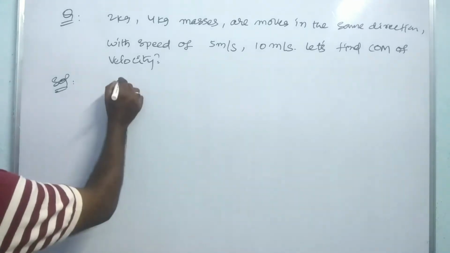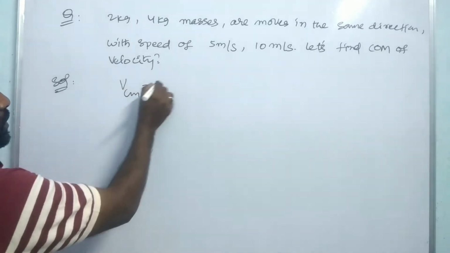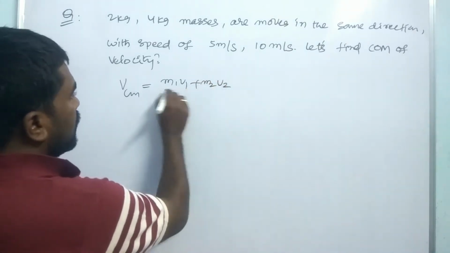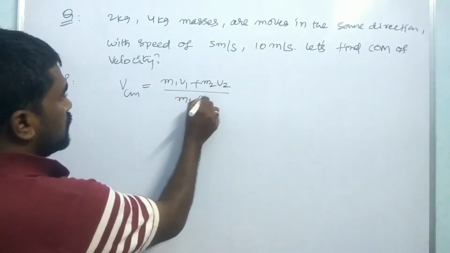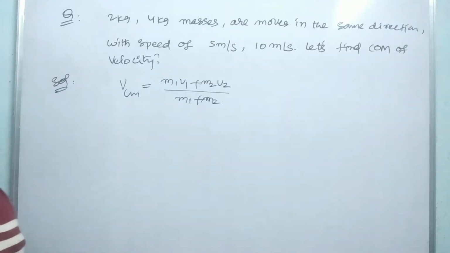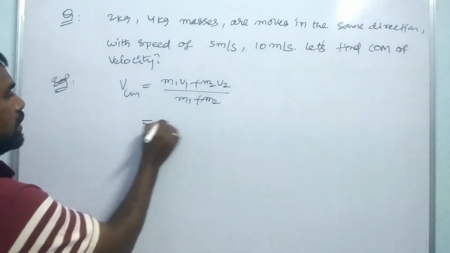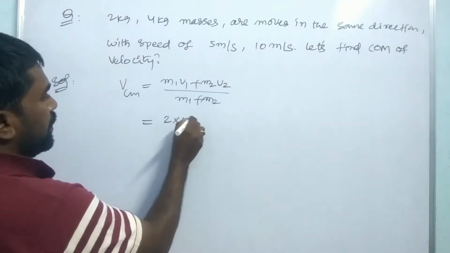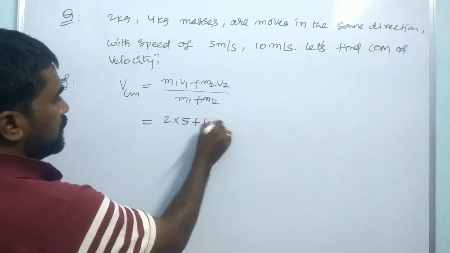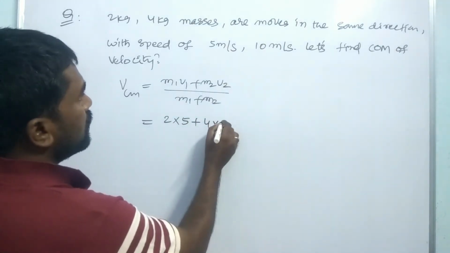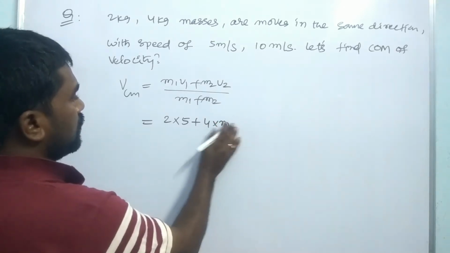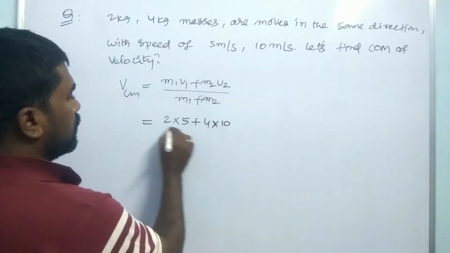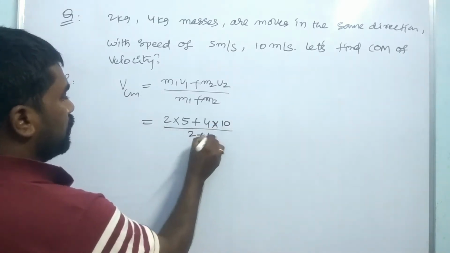The center of mass of velocity VCM is equal to (m1v1 + m2v2) by (m1 + m2). Clear? Whereas m1 is equal to 2 kg and v1 is 5 meter per second, plus m2 is 4 kg and v2 is 10 meter per second, by m1 plus m2.